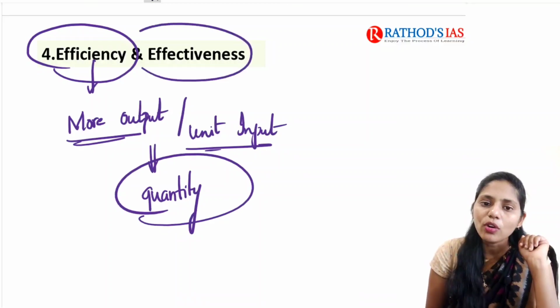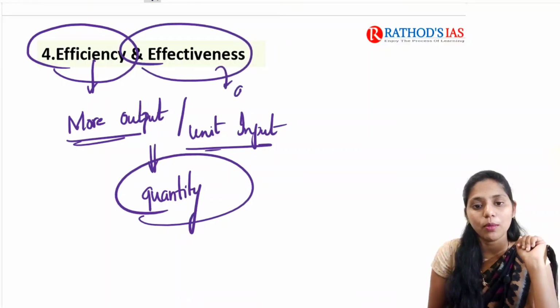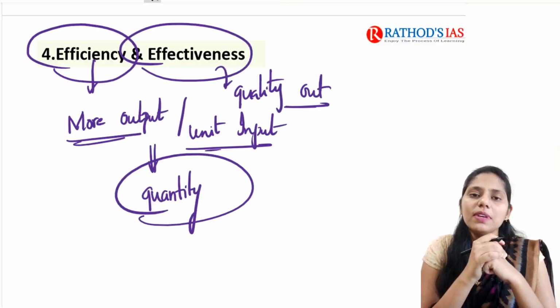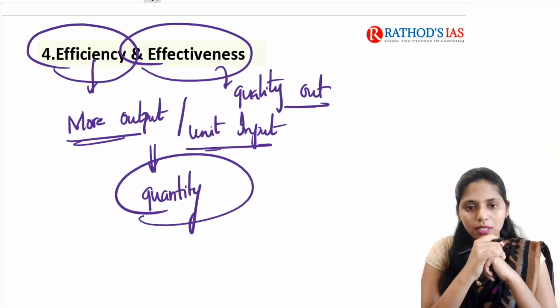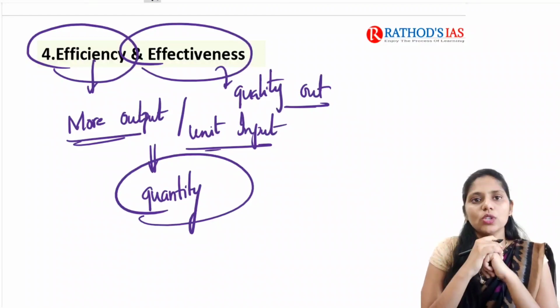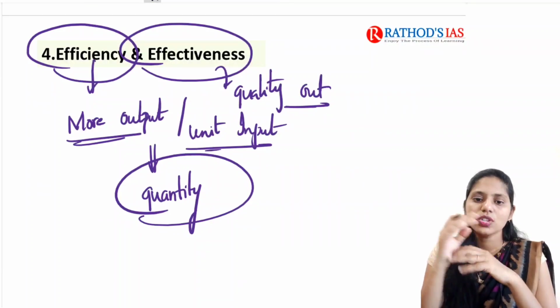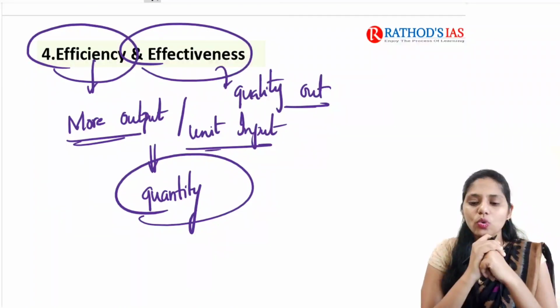And if you are talking about effectiveness, here I am talking about quality output. So efficiency means more output per unit input, mainly focusing on quantity, and effectiveness is mainly about quality output. So here I am talking about quality as well as quantity.